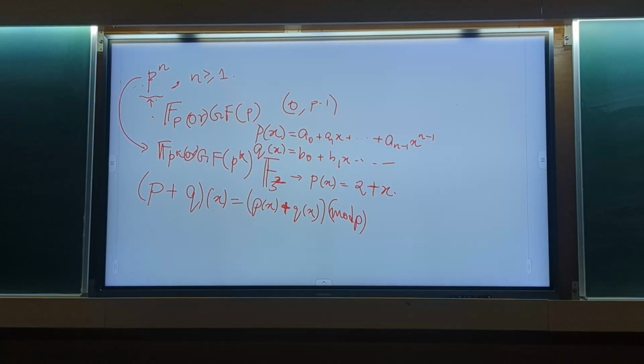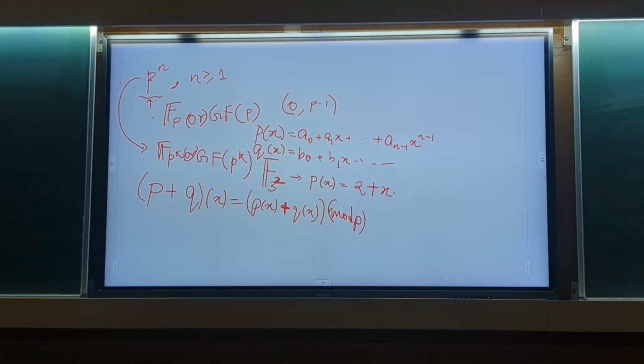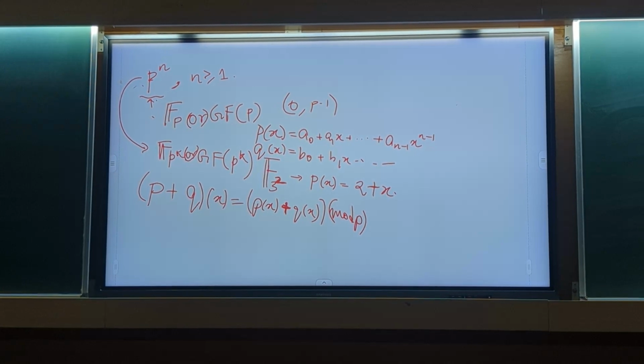We will say that these two are equal only if all the coefficients are equal mod p. Suppose we fix p and n, say p is 3 and n is 2. We will say that two polynomials are the same element in F3 squared if all of the coefficients are the same modulo p.